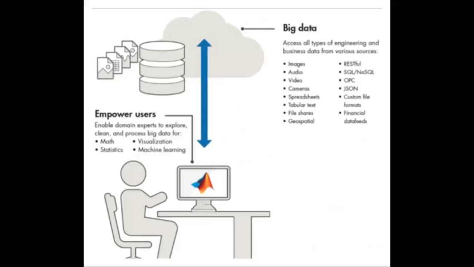Now, why should there be a big data model? What is the use of that big data model? It will empower the user to access all business data, like other parameters such as images, audio and videos, using some particular platform. That is the purpose of any big data modeling.